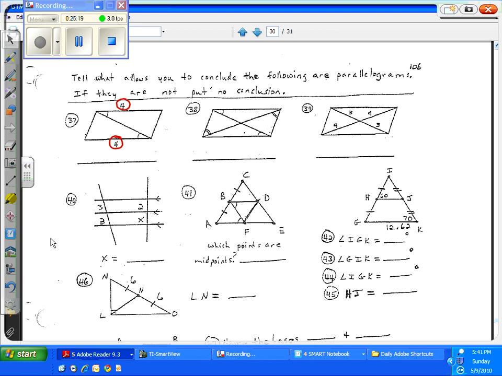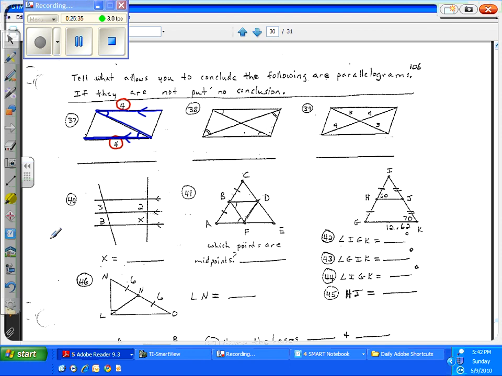Now, number 37, we've got a pair of opposite sides that are equal, which isn't enough to prove it in and of itself, but it does show us that this angle is equal to this one. Now, these are alternate interior angles that are equal. If alternate interior angles are equal, then the lines that form them are parallel, so that tells me that the top is parallel to the bottom.